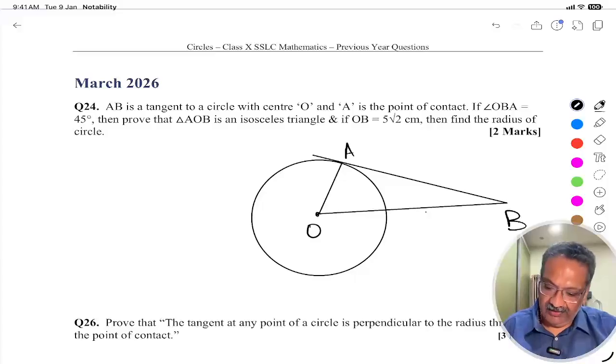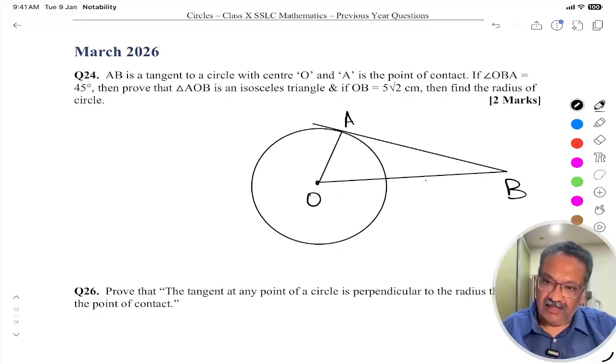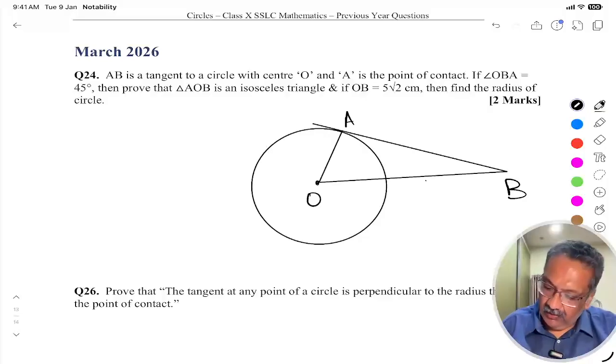March 2026. 2-mark question. AB is a tangent to a circle with center O and A is the point of contact. Angle OBA is 45 degrees.